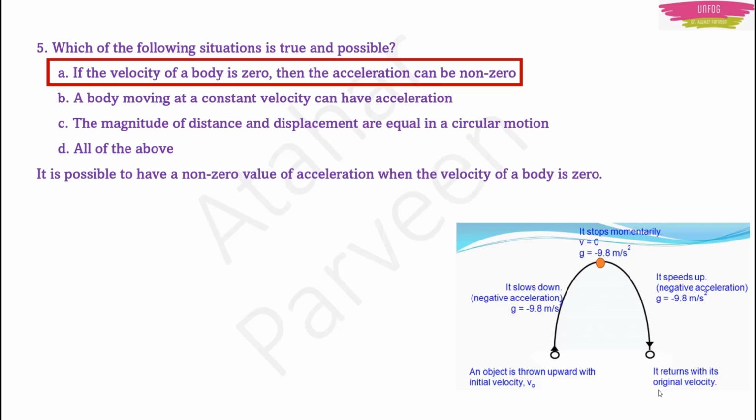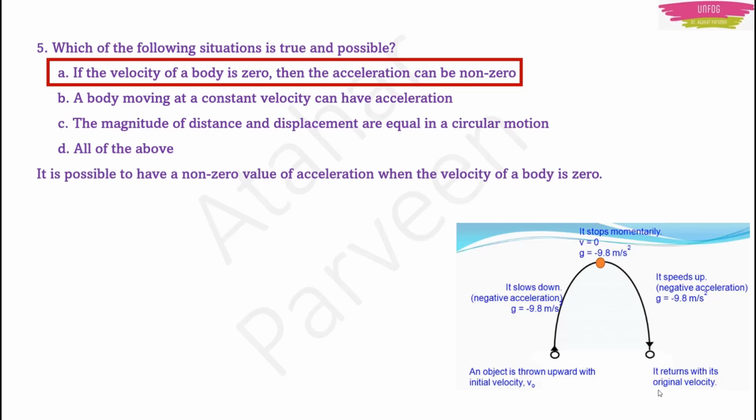That's the reason why the ball could come down. If the acceleration was also 0, then the ball would have stayed there only. Isn't it? That ball will come down. Correct? That's why we say it is possible to have a non-zero value of acceleration when the velocity of a body is 0. But this is the scenario. You have to understand the scenario. That's why I put this picture also.